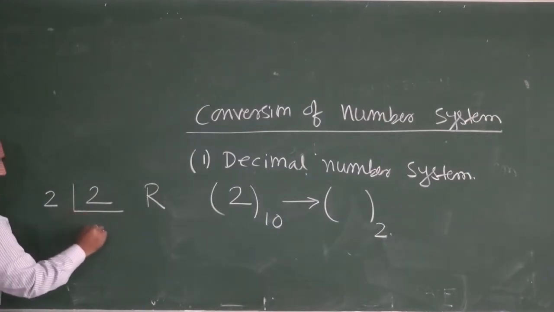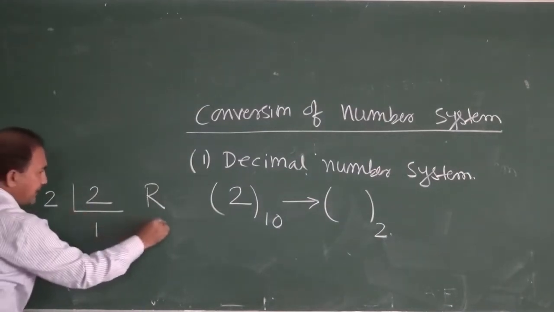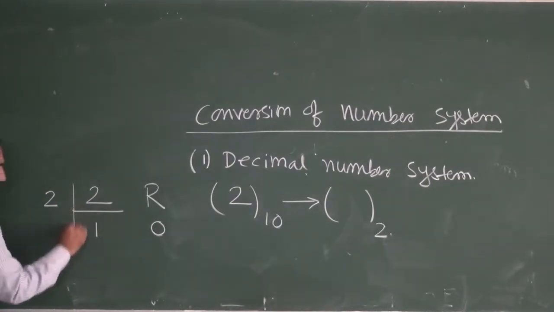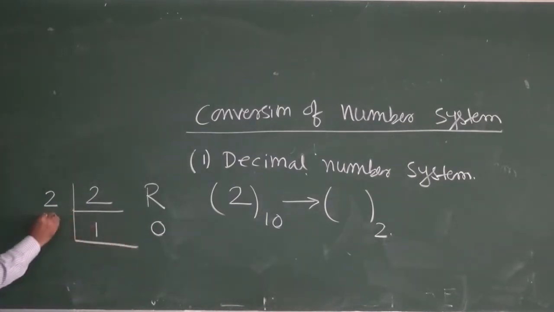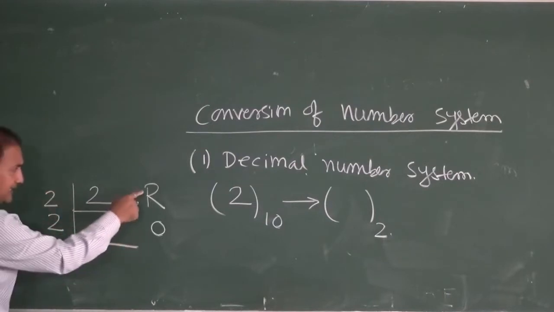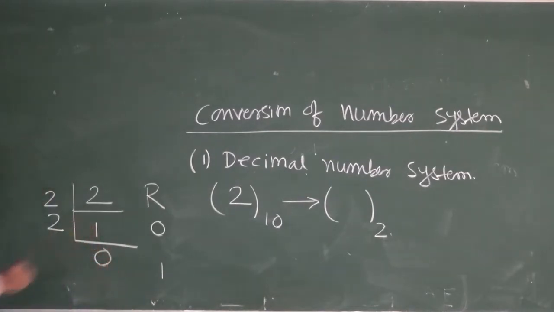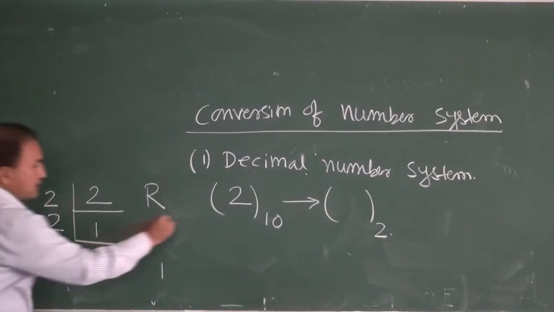So the quotient is 1, the remainder is 0. Again you have to divide this 1 by 2; the remainder is 1 and the quotient is 0. Now you have to see only the remainder.